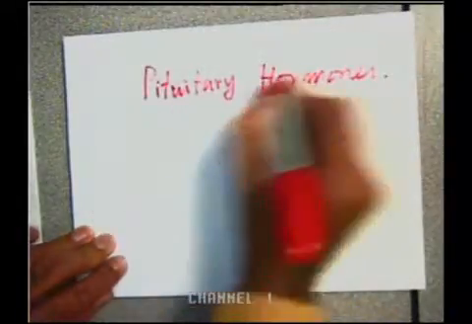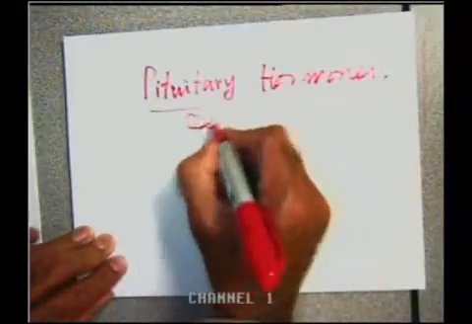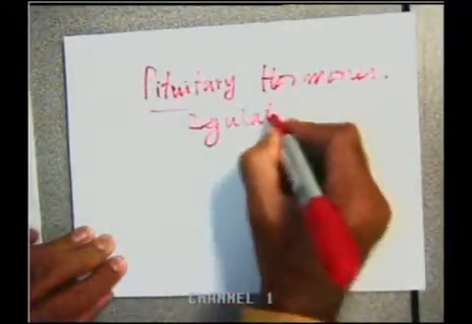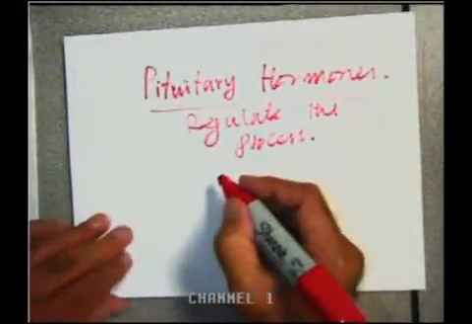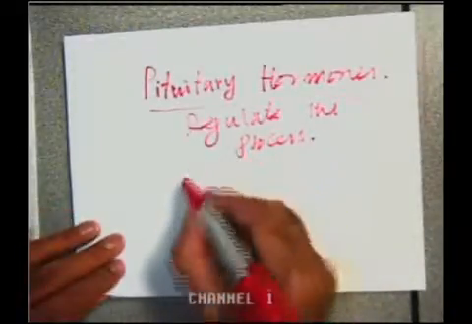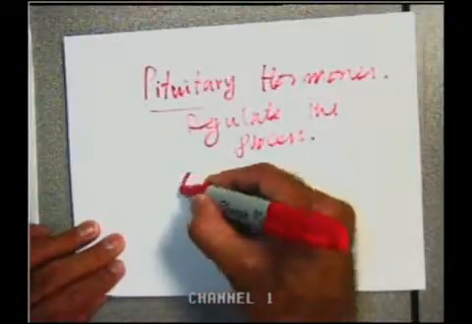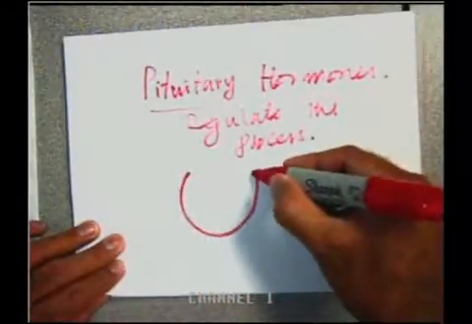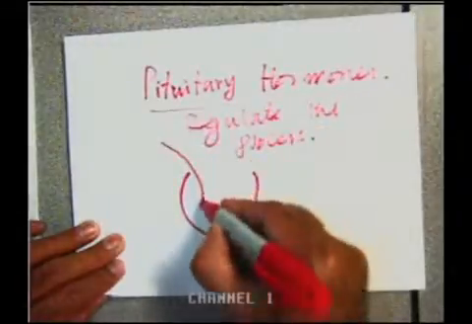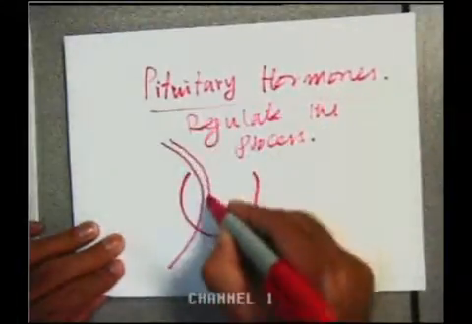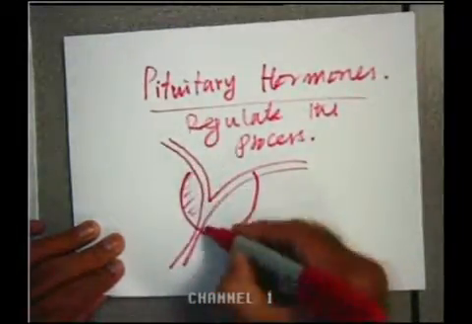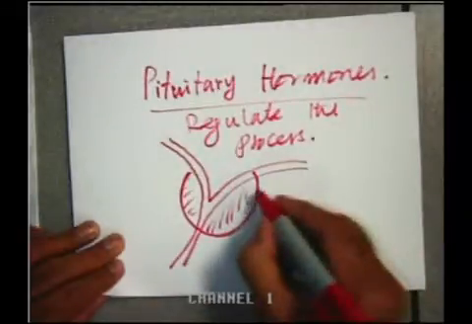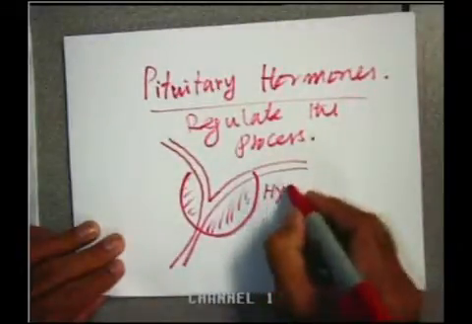If you see the previous lecture about the pituitary gland, at the back of this brain, you have a duct which is coming over here, and this is the pituitary gland. And this part is the hypothalamus of the brain.